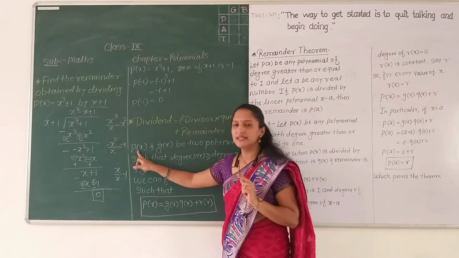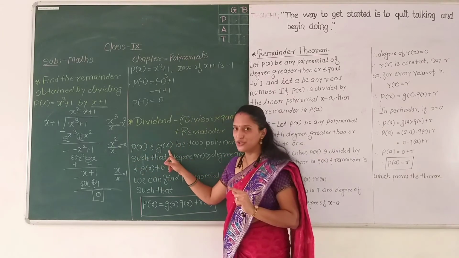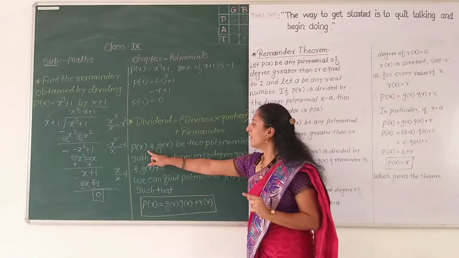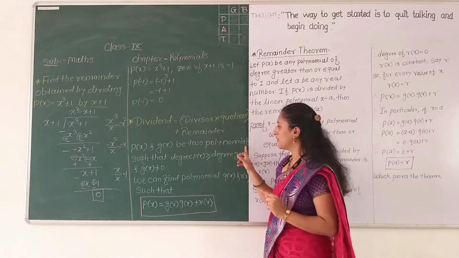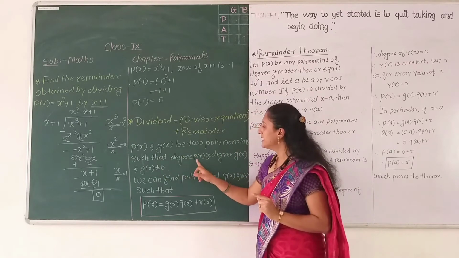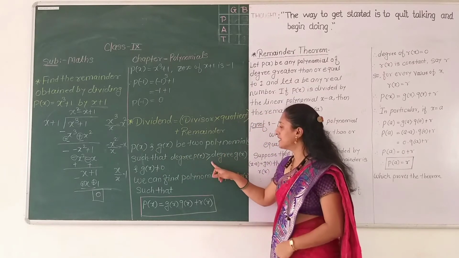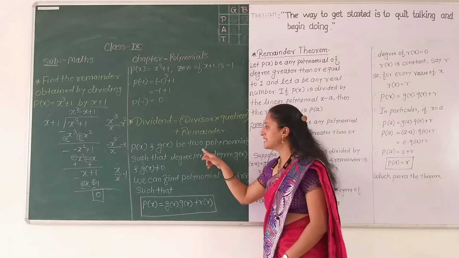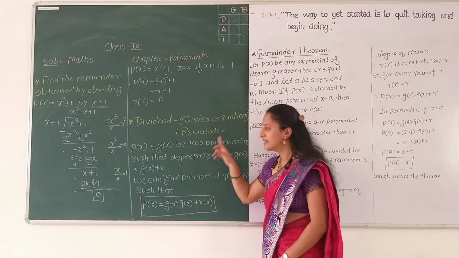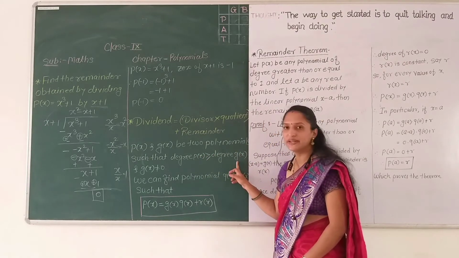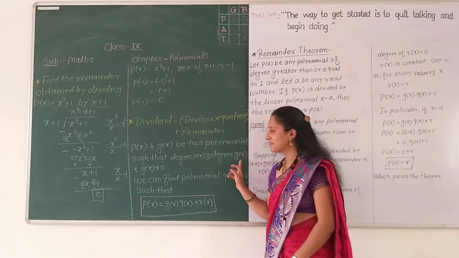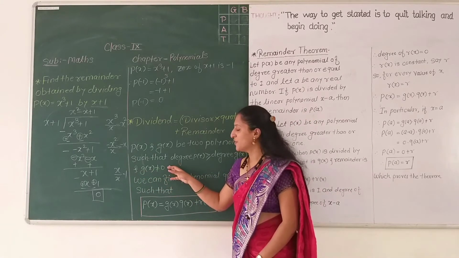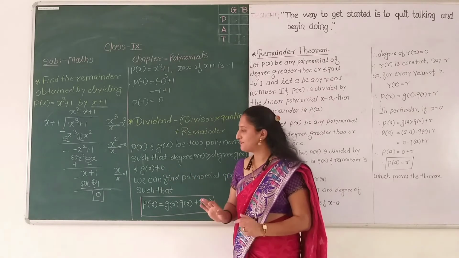Now p of x and g of x be two polynomials such that the degree of p of x is greater than or equal to the degree of g of x, that means the degree of the dividend is greater than or equal to the degree of the divisor, and g of x is a non-zero polynomial.